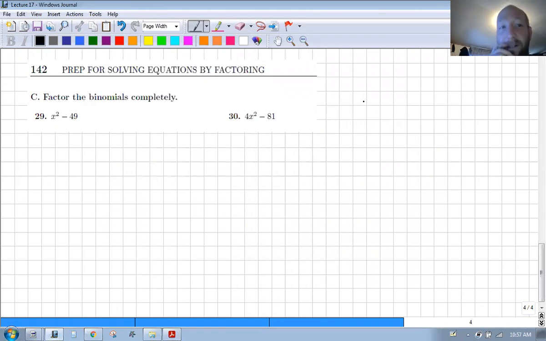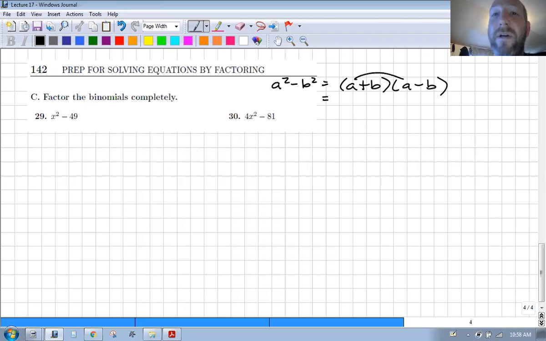Okay, factor the binomials completely. If you remember the difference of 2 squares, a squared minus b squared, this is a plus b times an a minus b, right? So a times a is a squared. Then you got a minus ab, and then a plus ab, and then a minus b squared.